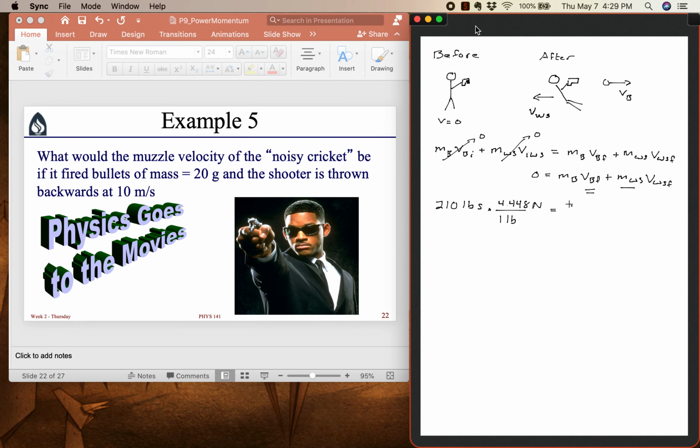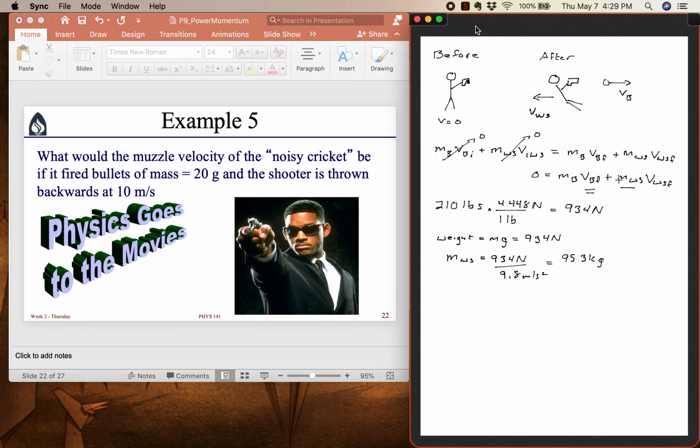So Will Smith weighs 934 newtons, and since this is a weight, we know it is equal to mg, and mg in this case is 934 newtons. Therefore the mass of Will Smith is 934 newtons divided by 9.8 meters per second squared, which gives us a mass of 95.3 kilograms.